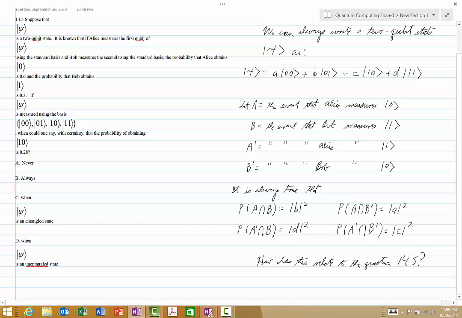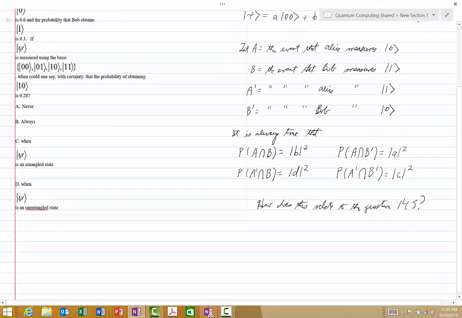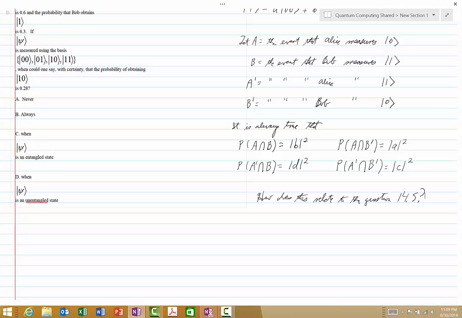Well, we're told in this question that the probability that Alice obtains 0 is 0.6, and that is the event A, so we're told P of A equals 0.6.